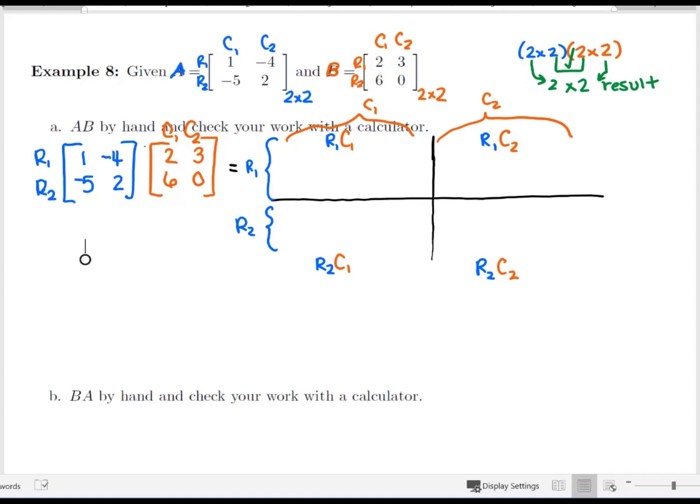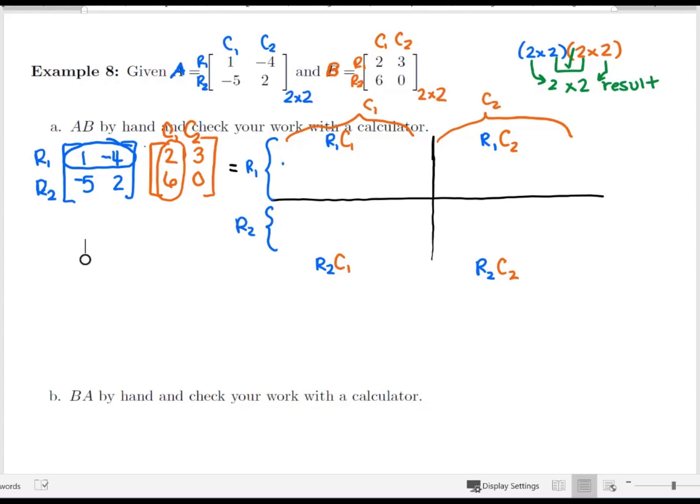But this is going to help with our multiplication. It tells you in the top left corner, you need to take row 1 from A times column 1 from B, or row 1 from the blue times column 1 from the orange. And we're going to multiply in the order that they show up.